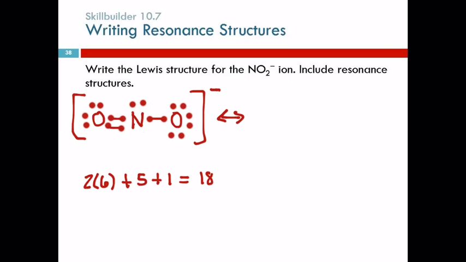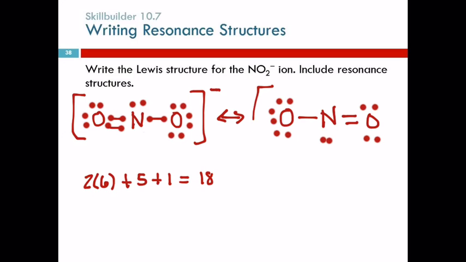There was no other reason. So then what we do is we draw it the other way also. And those are the 2 resonance structures for the nitrite ion.